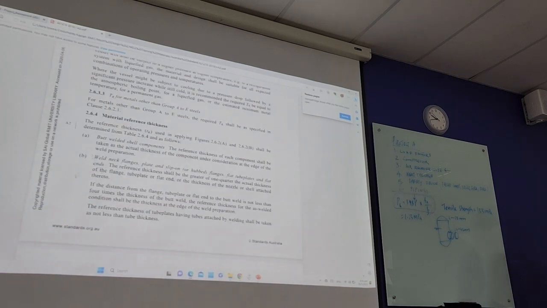Over here you have material reference thickness.